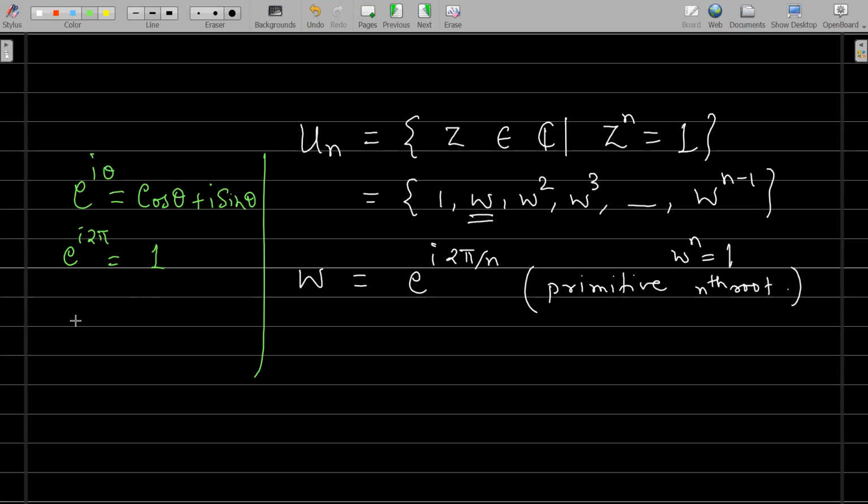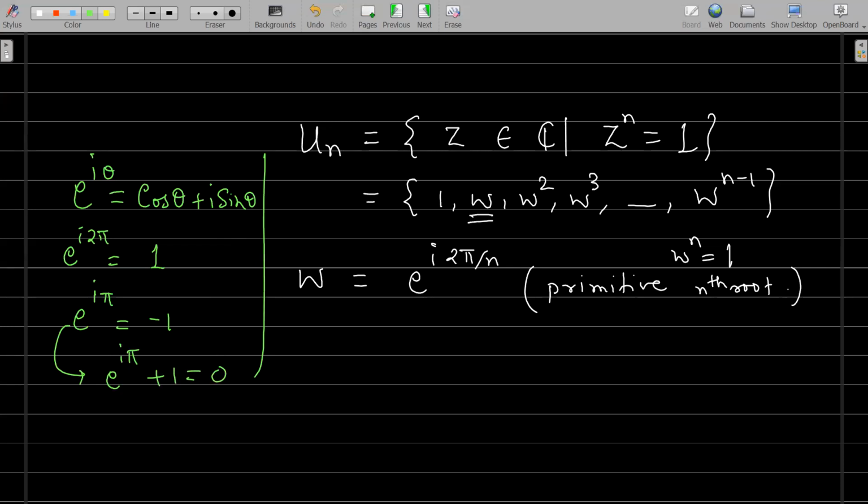In fact, a special case of this is also well known. It's supposed to be one of the most beautiful formulas in mathematics. If I take e raised to i pi, that is cos pi. Cos pi is how much? -1, and sin pi is 0, right? So e raised to i pi is -1, or e raised to i pi plus 1 is equal to 0.